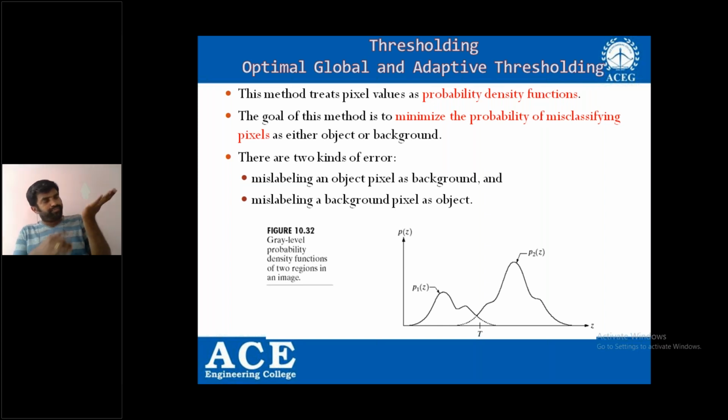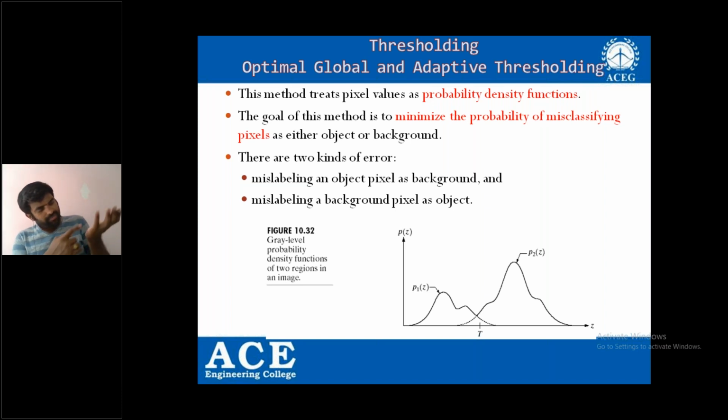For example, here I have this particular part of the image. If I consider the pixel here, you may be in confusion whether it belongs to the background or the foreground. The major idea in the application of optimal global and adaptive thresholding is the removal of such pixels which are in dilemma.